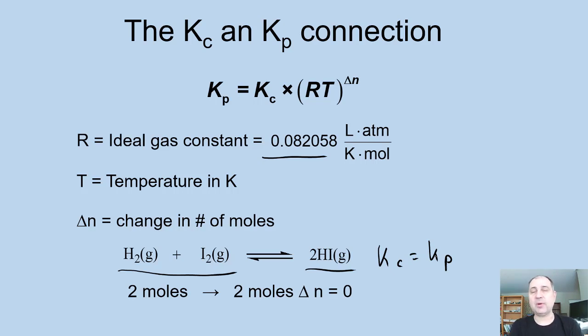But if you are changing the number of moles, then your mole fraction, your pressure fraction changes, and so concentrations and pressures are different. But it's a pretty easy calculation. That's only if delta N is equal to 0, so RT to the 0 power is 1, and then Kp is equal to Kc.